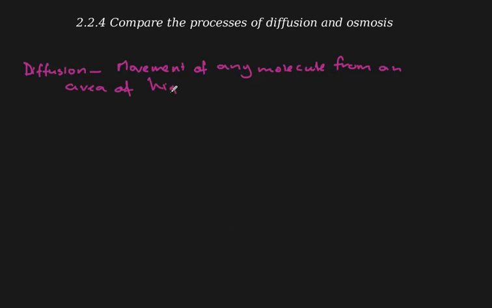The definition for diffusion is the movement of any molecule from an area of high concentration to an area of low concentration.